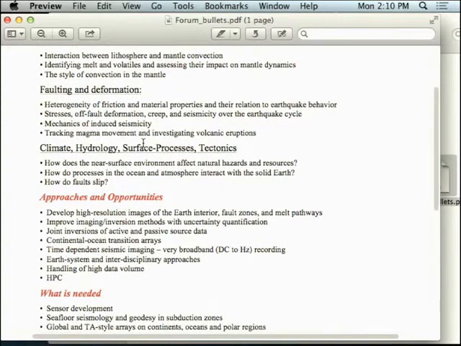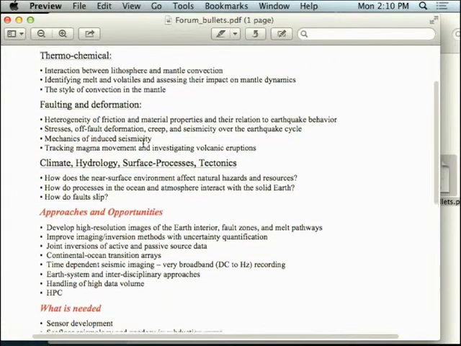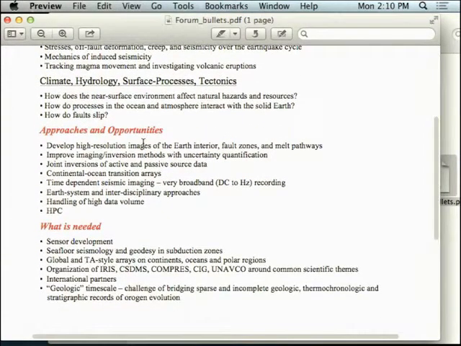But what we would like to focus on today during this discussion is to hear from you and to discuss whether, for example, we have heard common approaches and opportunities coming out to approach these scientific themes. And you see them here summarized. We try to summarize them all and what is needed to resolve these scientific themes.